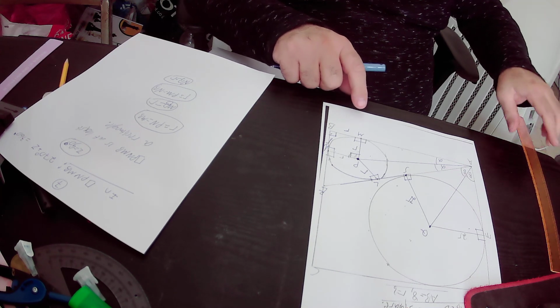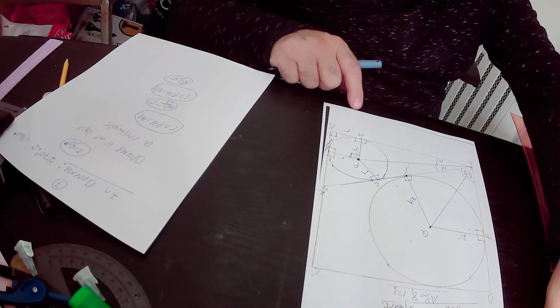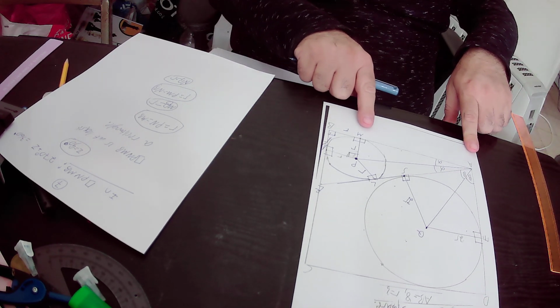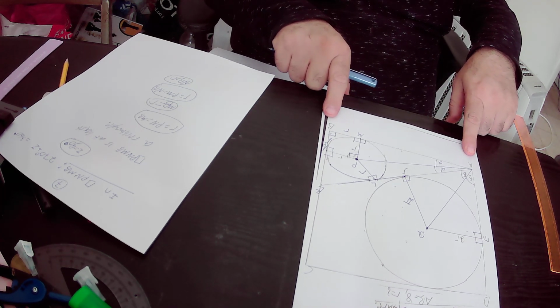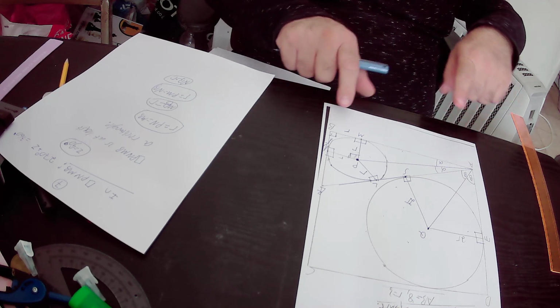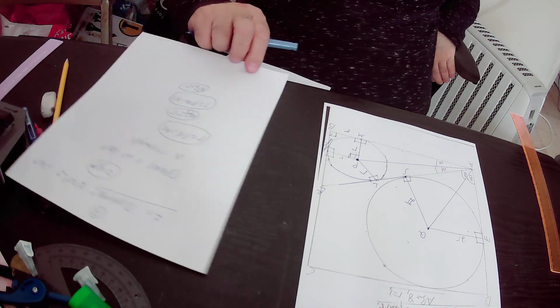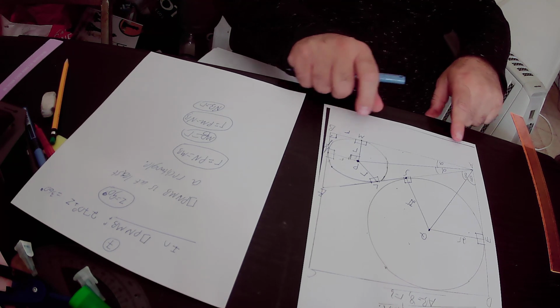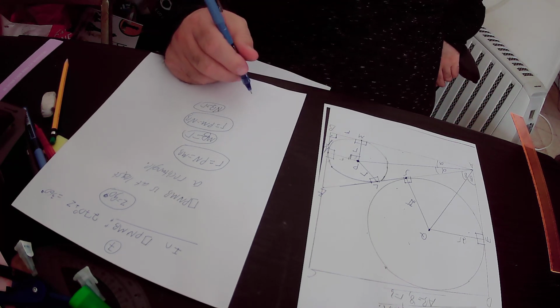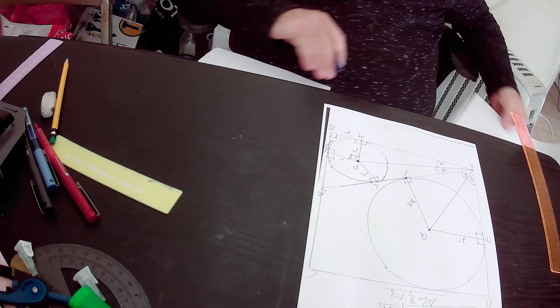Actually, as you can see from the drawing, AM equals AB minus MB. Again, AB minus MB equals AM. I write it down.